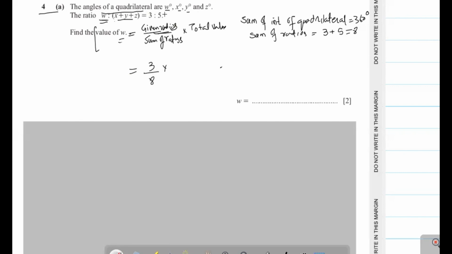Total value here is the sum of interior angles of a quadrilateral. You know the sum of interior angles of a quadrilateral is 360, so 3 over 8 multiplied by 360, and we can divide 360 by 8, we get 45, times 8 is 360, and 45 multiplied by 3 is equal to 135, and the angle of W is equal to 135.